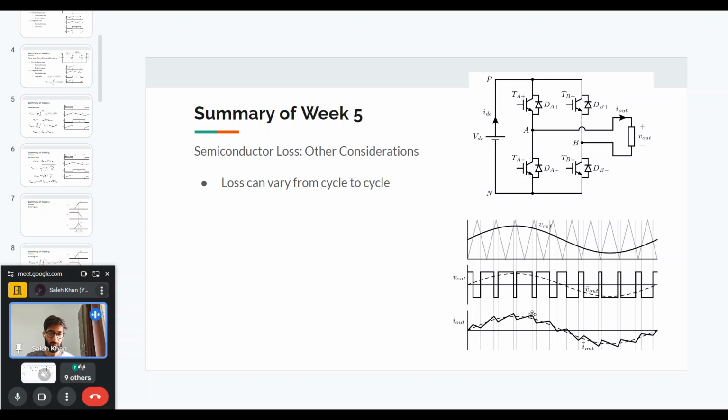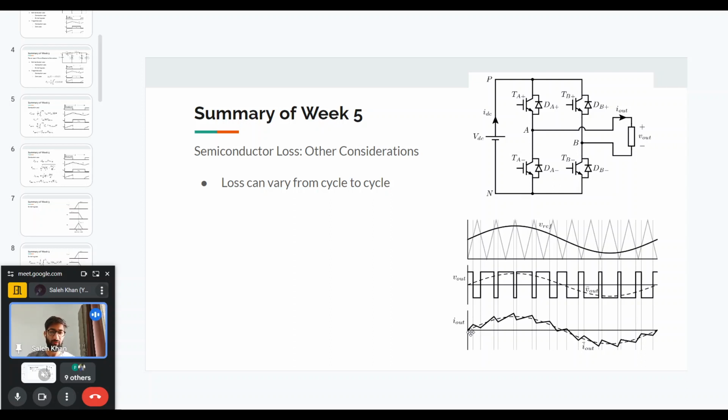The conduction losses will be different in each high frequency cycle, and the switching losses will also be different in each cycle, because the switching is taking place at different points. The current is different at different points. Even though the V_SW voltage will be constant, it will be V_DC for all intervals, the current will be different.